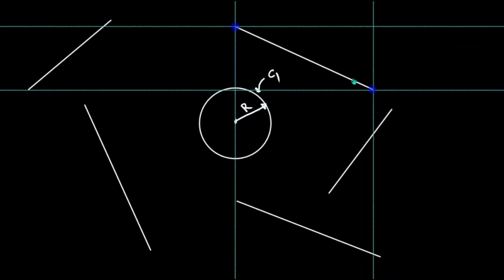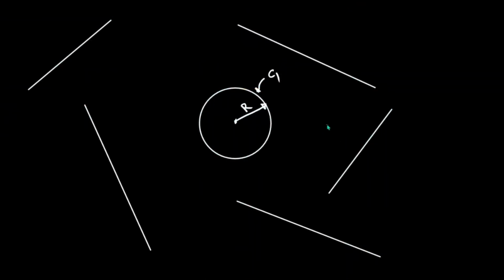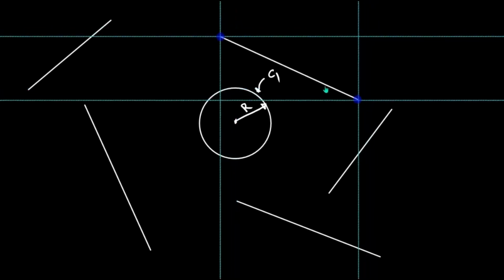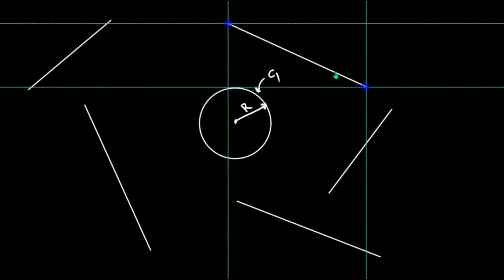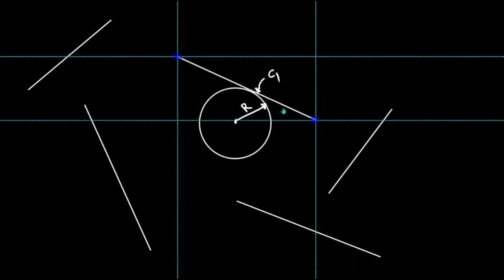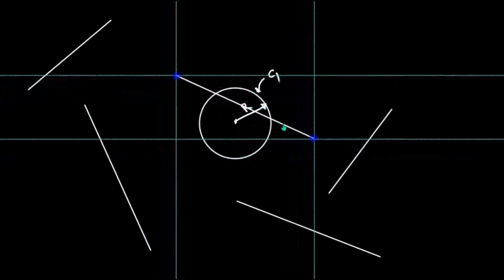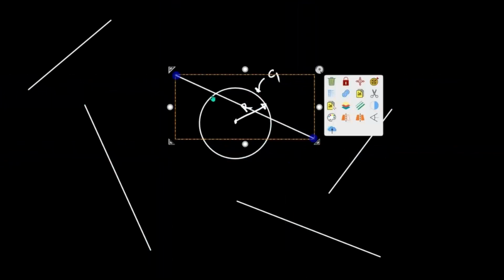This line may not touch the circle at all. That is one option. Suppose I move another line here like this. It can touch the circle at 2 points, 1 point here and 1 point here.